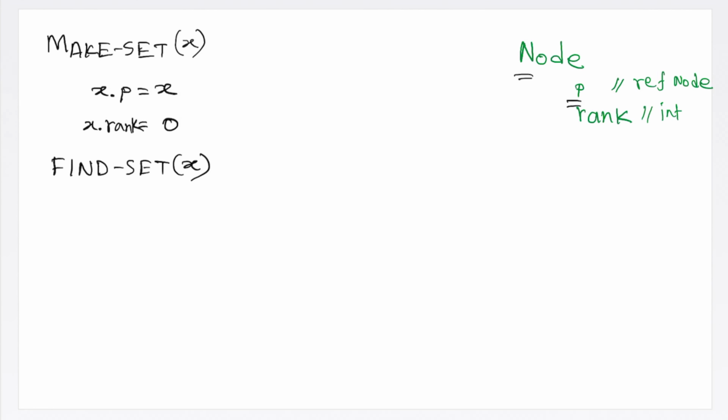If we find that the parent of x is itself, then we should return x.p. Because x and x.p are practically the same item, because there is a loop here, something like this one. Therefore, returning either x or x.p is good enough.